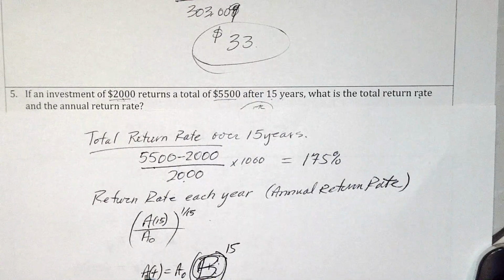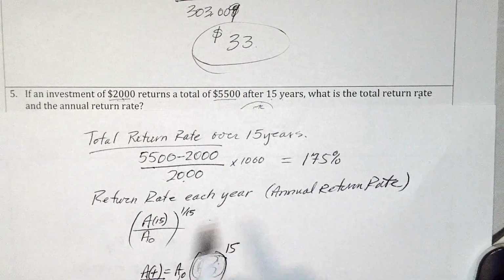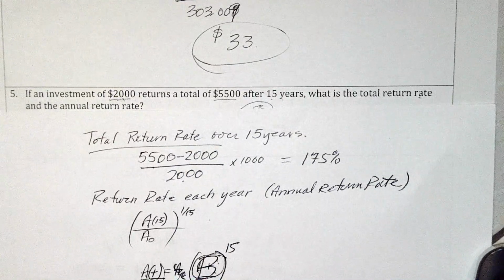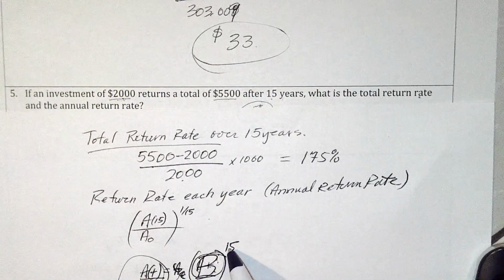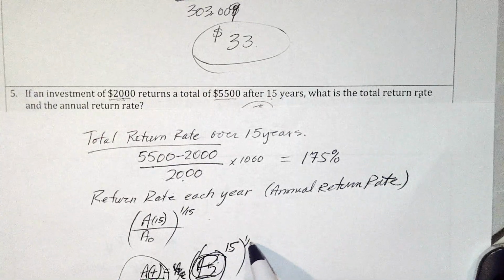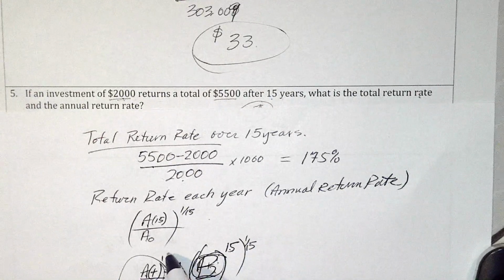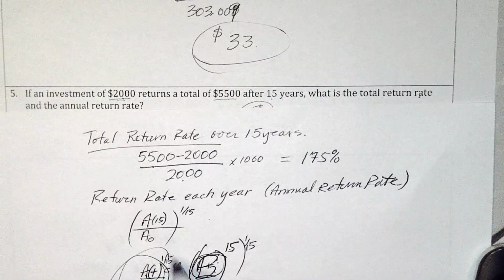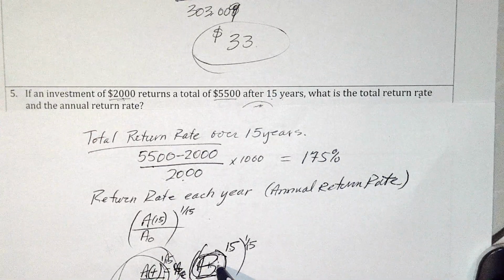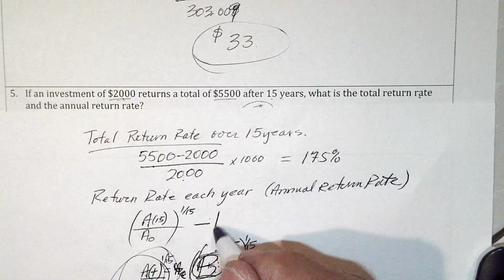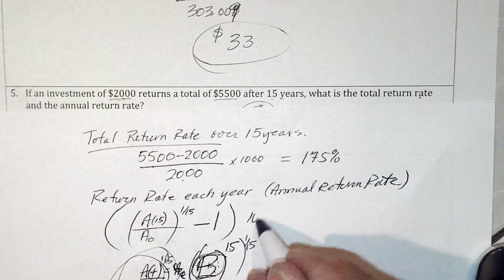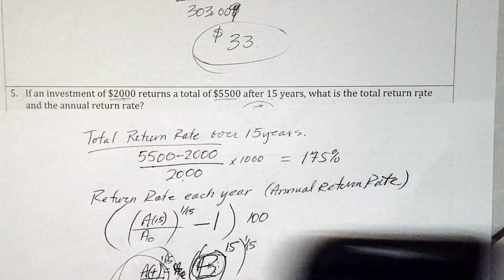So we take the amount at the end divided by the amount at the beginning, and that's the base to the 15th power. To get rid of that, we take it to the 1/15th power. And that's 100% plus the increase amount. Then we subtract 1 from that and take it times 100 to get it into percent.